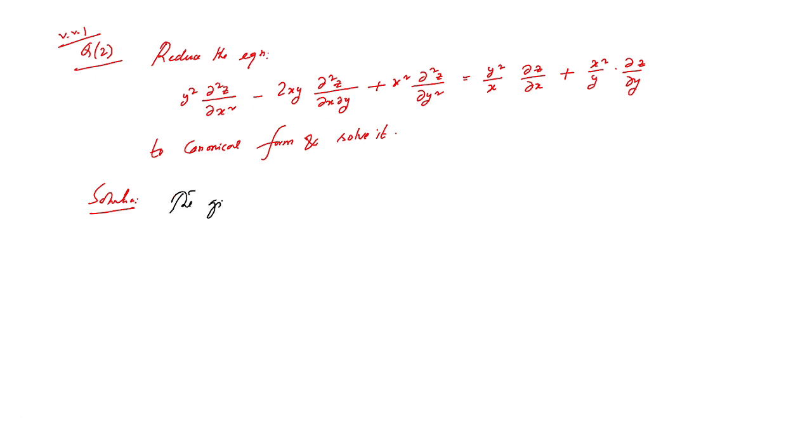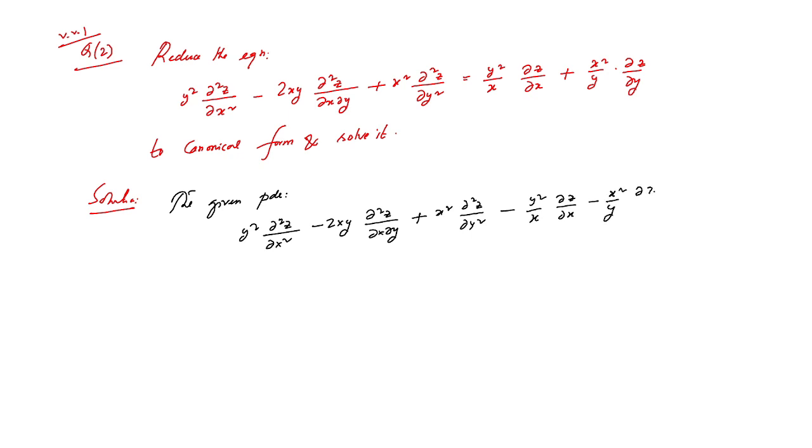The given semilinear PDE is y square del 2 z del x square minus 2xy del 2 z del x del y plus x square del 2 z del y square minus y square by x del z del x minus x square by y del z del y equals to 0.